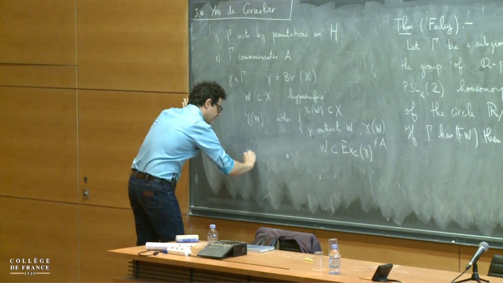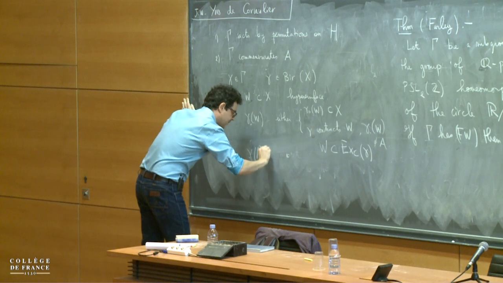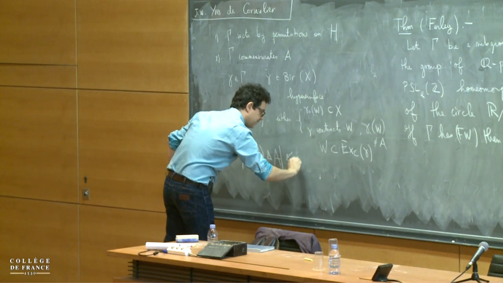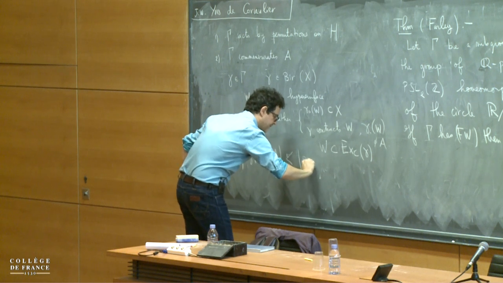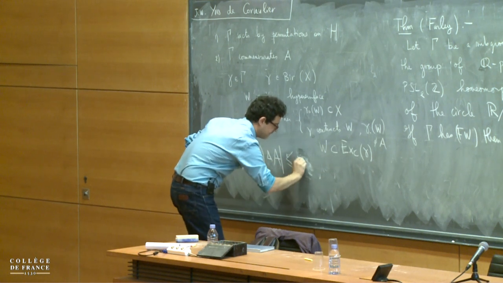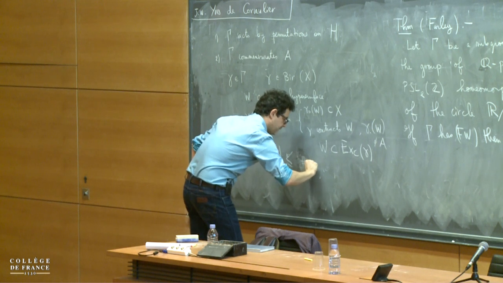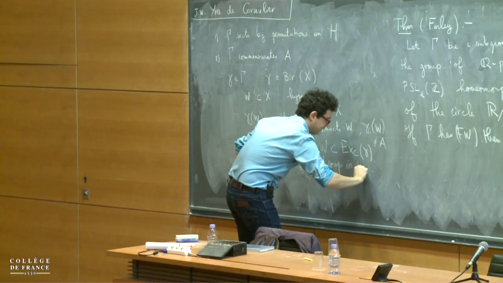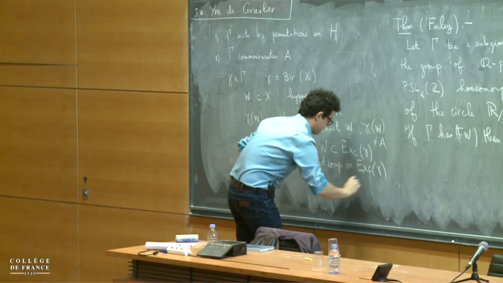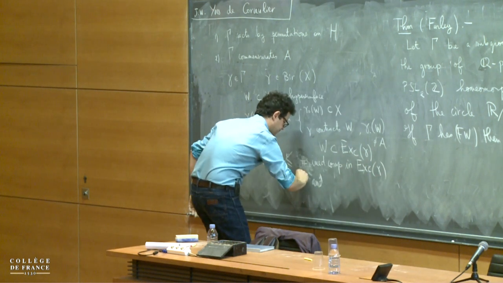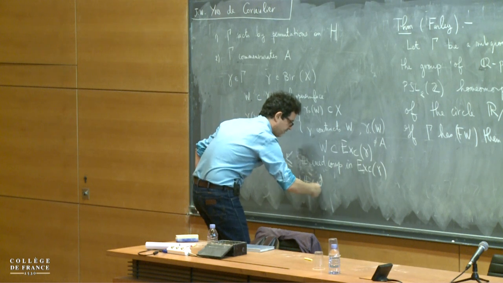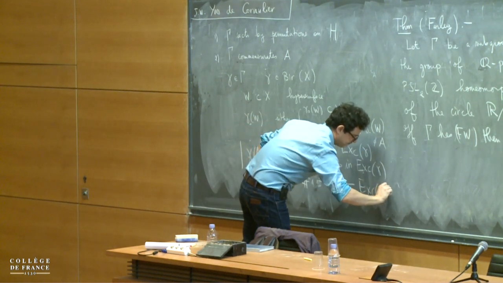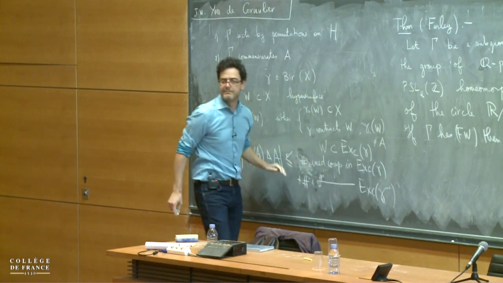And then you get that gamma A, a symmetric difference with A, is bounded by the number of irreducible components in the exceptional set of gamma plus the number of irreducible components in the exceptional set of gamma minus 1. Okay.